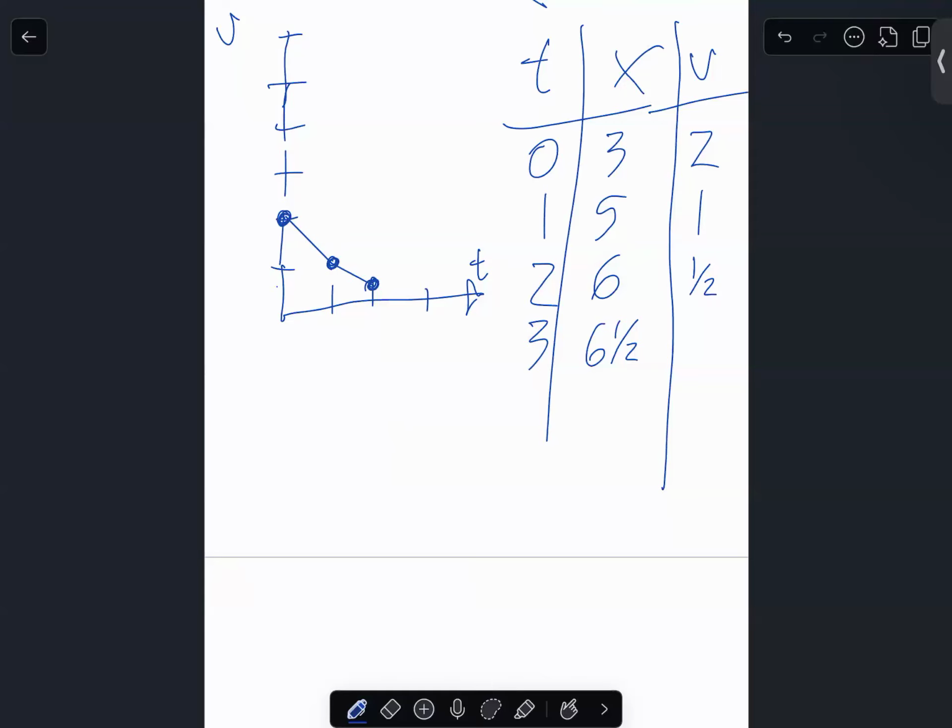Look at how V is changing. Oh, good. You guys are getting it. Not just 90%, 95% here. Acceleration is negative.